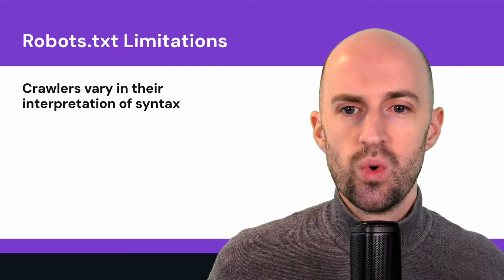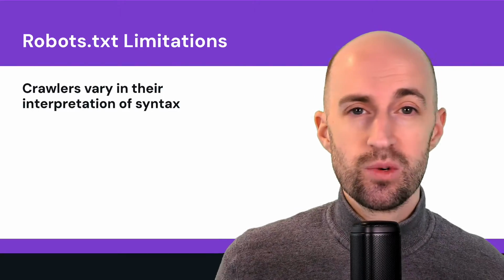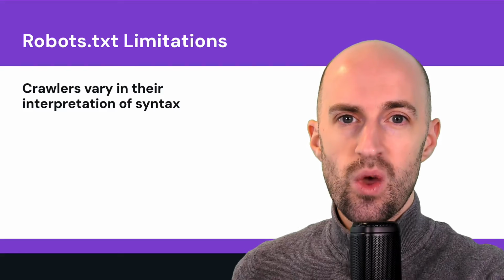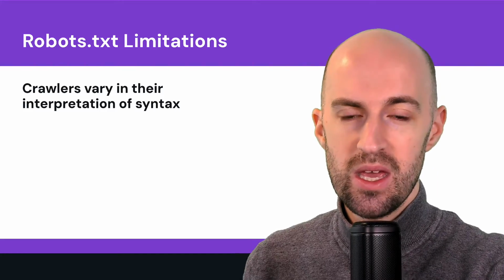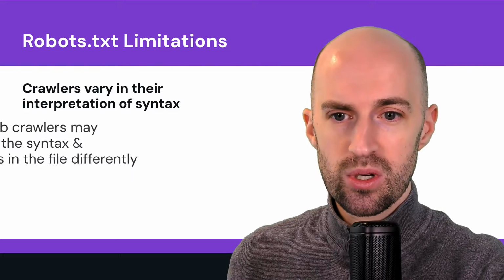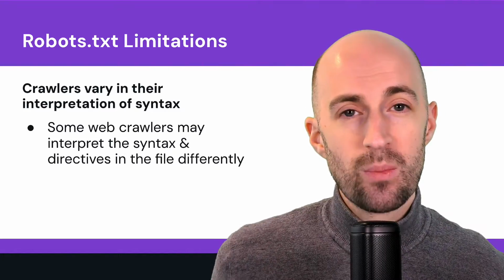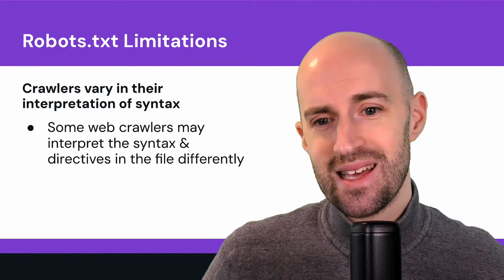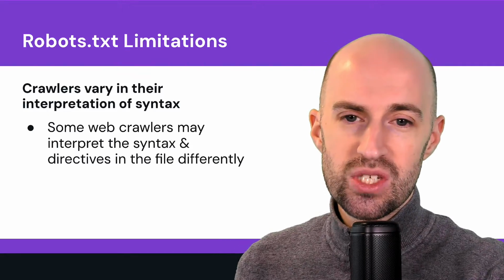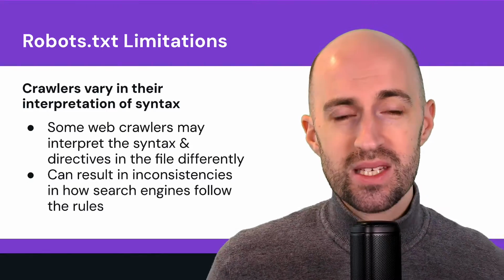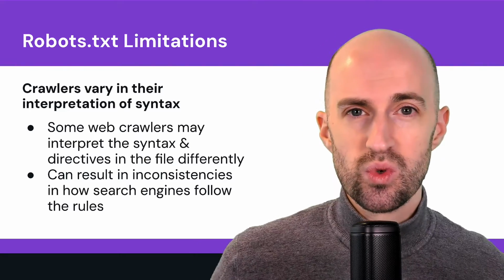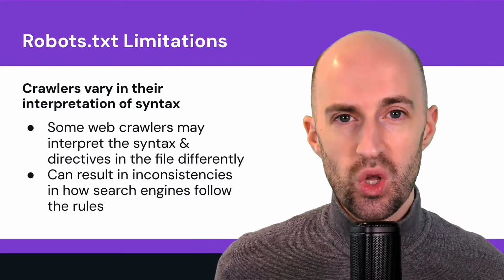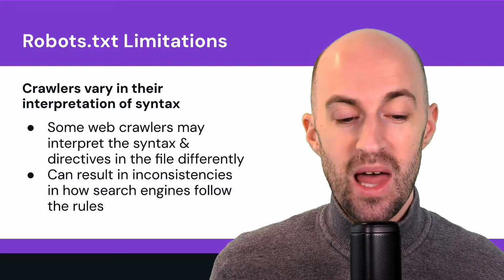And also crawlers vary in their interpretation of the syntax within the robots.txt file, because there's certain syntax that needs to be done because it's a standard protocol. So some web crawlers may interpret that syntax differently. It's just something to be aware of. And this can result in inconsistencies in how search engines follow the rules or how the website is crawled or indexed on various platforms.